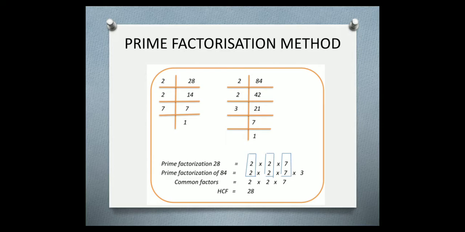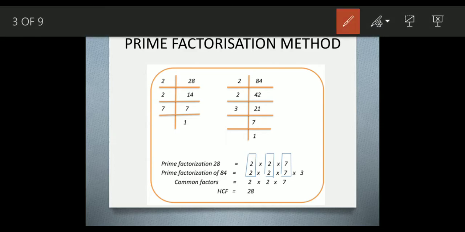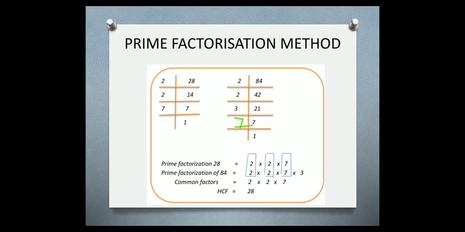So which means what? 21 is divisible by 3 table. How many times? 7 times. So 3 7s are 21. Right? Now what do I have? 7. So how many 7s are 7? 1 time. 7 1s are 7. Right? Fine. So what are the factors I have here? 2 into 2 into 3 into 7.